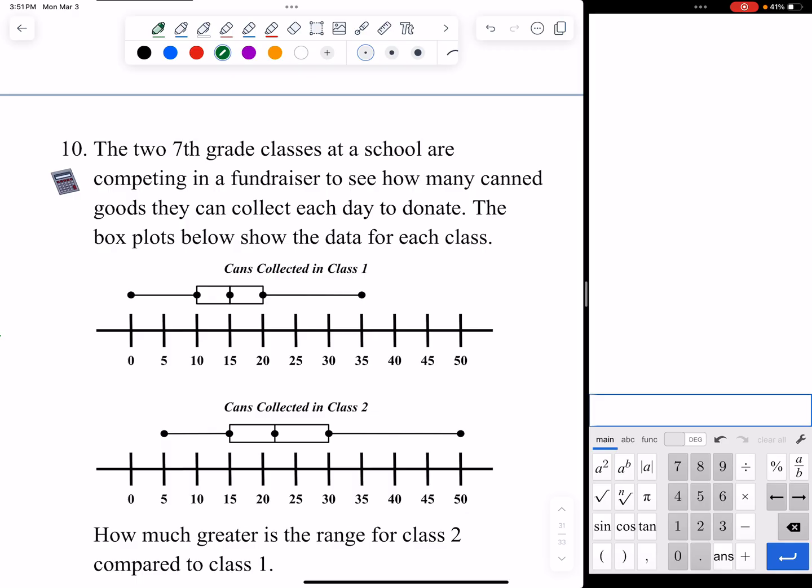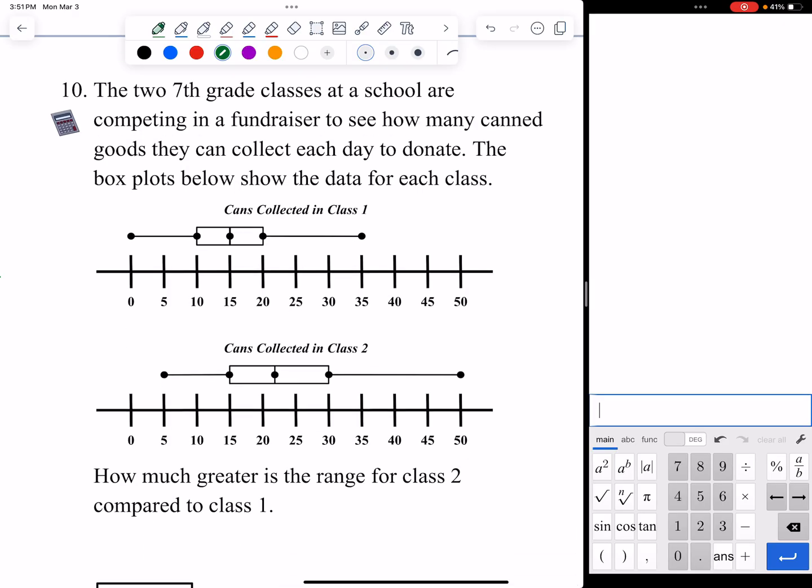So let's clear that. The 2 7th grade classes at school are competing in a fundraiser to see how many canned goods they can collect each day to donate. The box plots below show the data for each class. How much greater is the range for class 2? That's it? Okay. Remember, the range is from the smallest to the largest number. So all I got to do is subtract, okay?